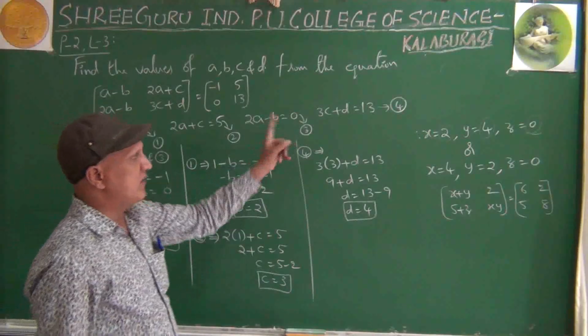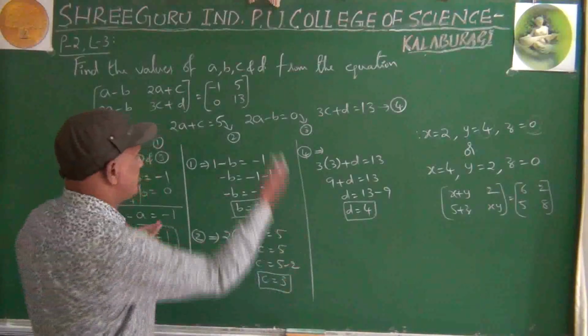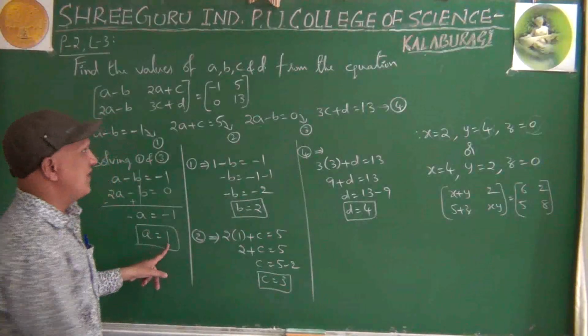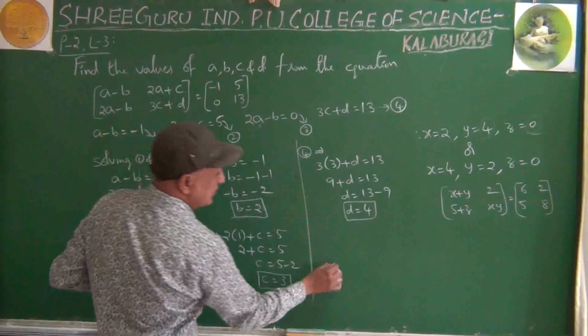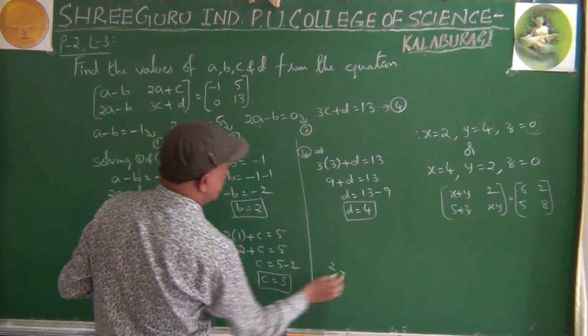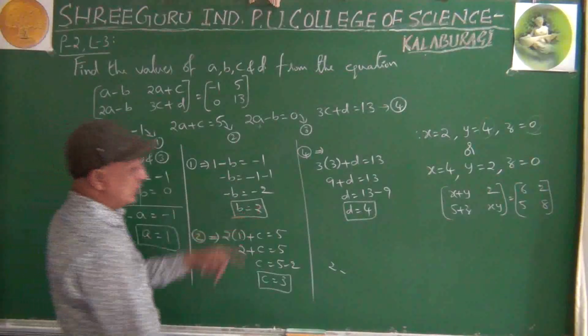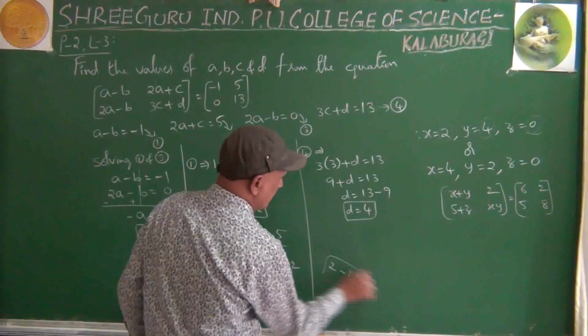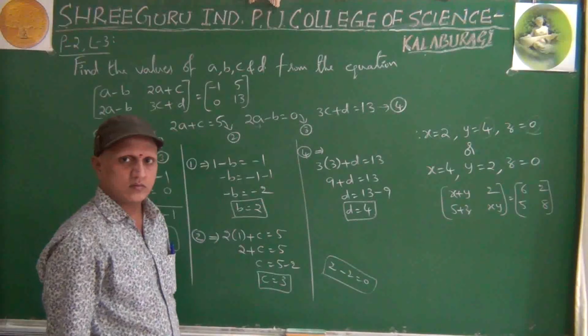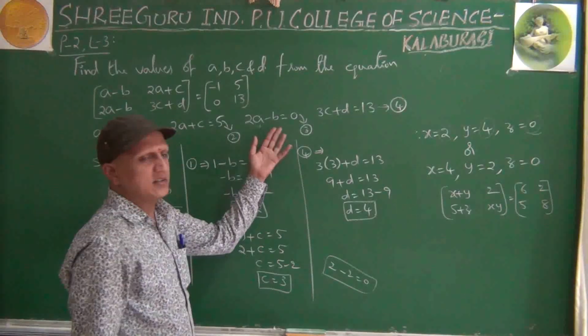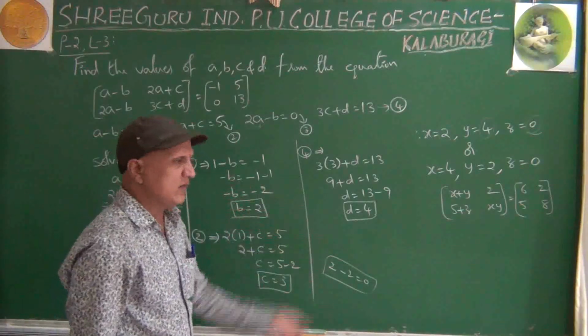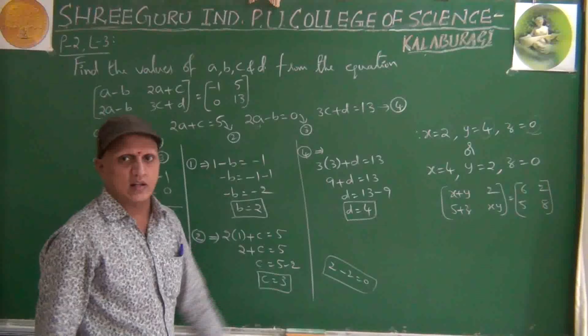What happened to equation 3? What will happen? Substitute A and B values. A value 1, 2 ones are 2, minus B value, what is B value? 2, equal to 0. No use of substituting in equation 3. Neither are we getting C value nor D value.